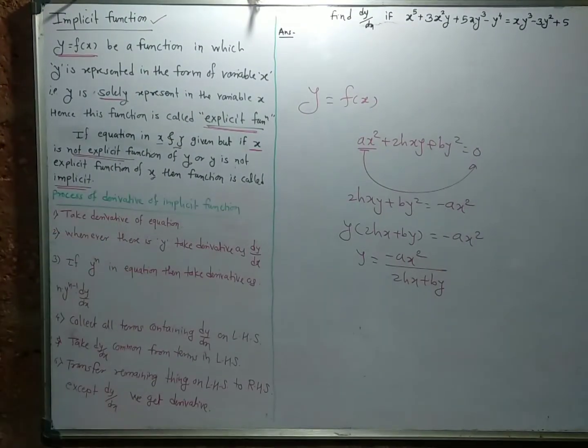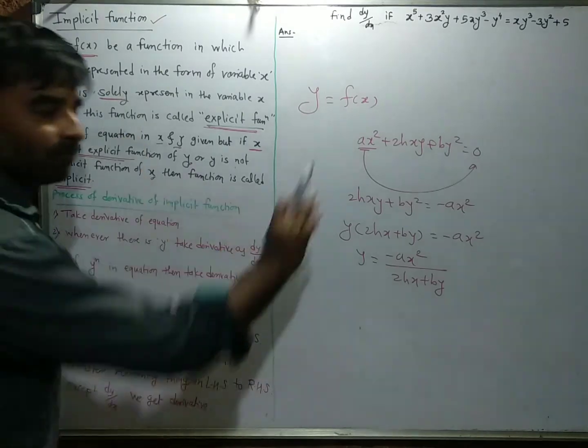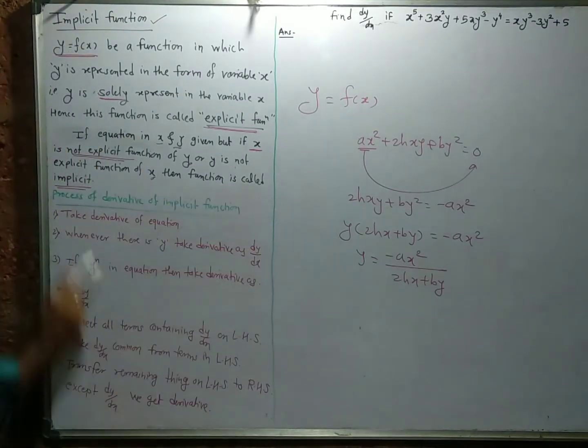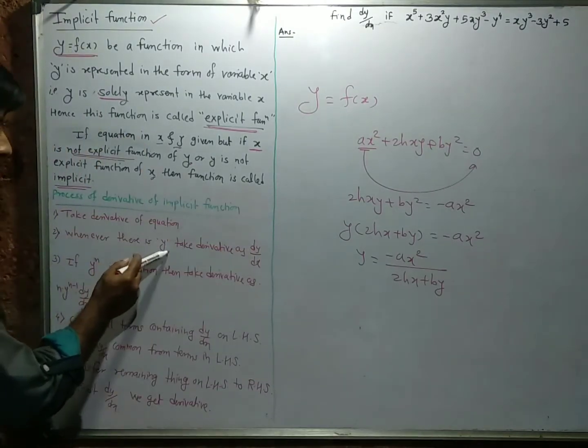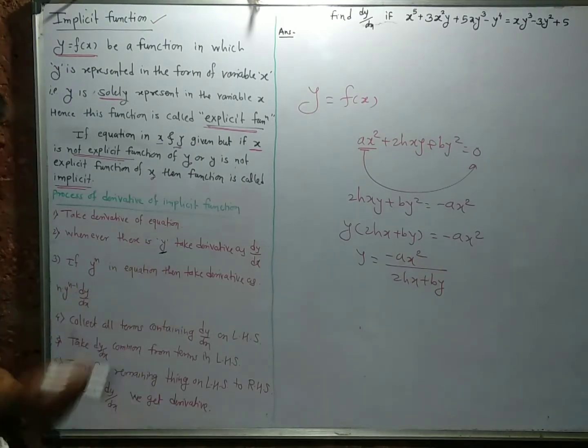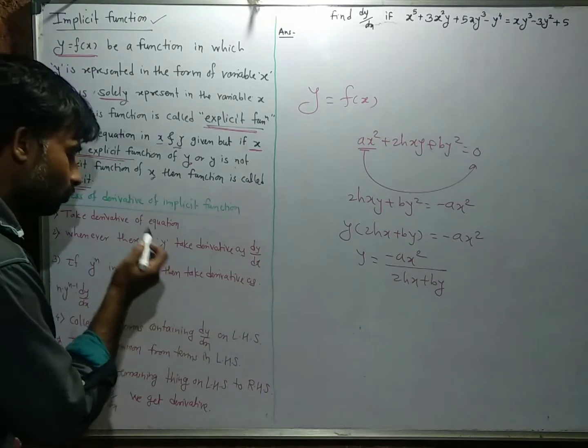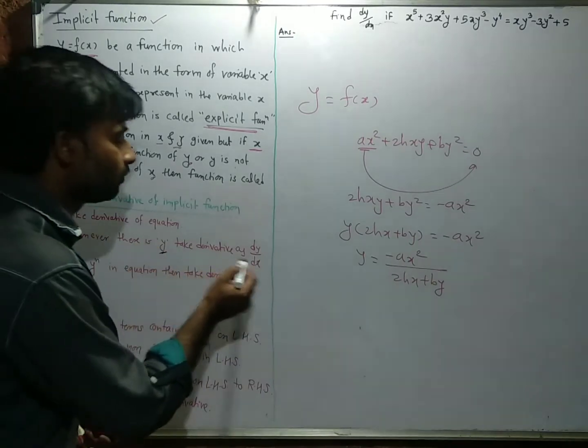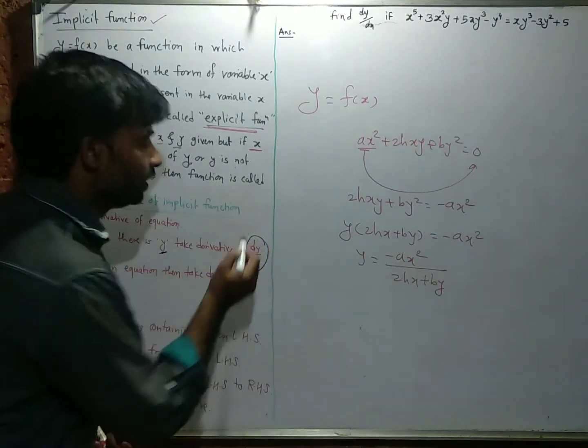Take the derivative of the equation as it is, as for the explicit function. Whenever the function or a term consists of y, we take the derivative of y as dy by dx.